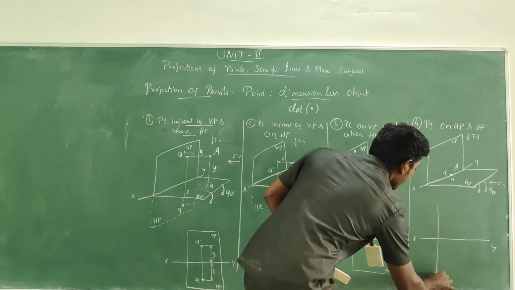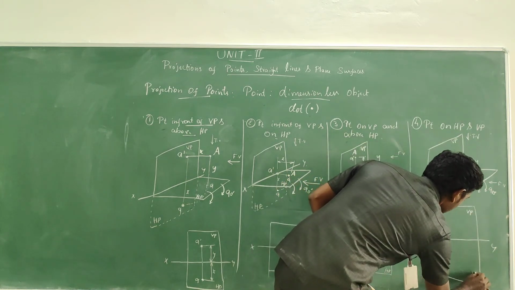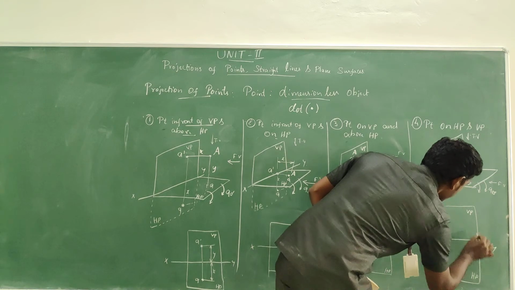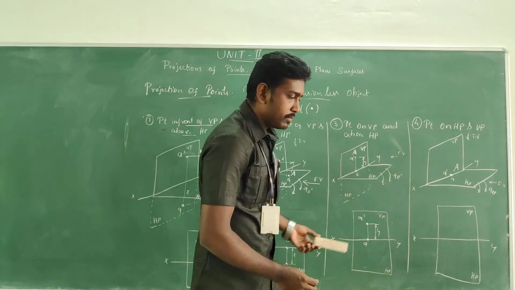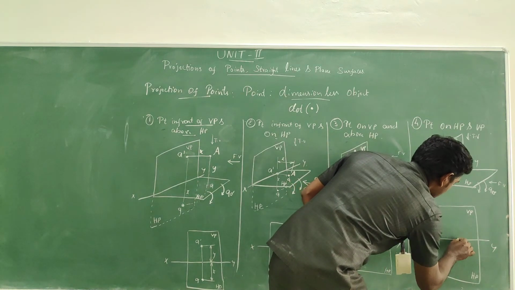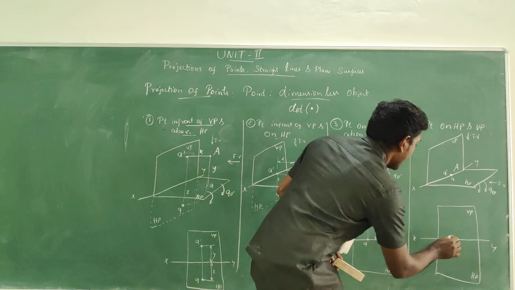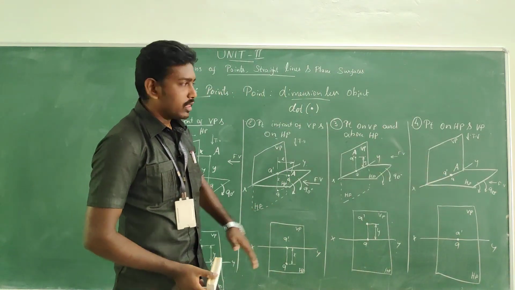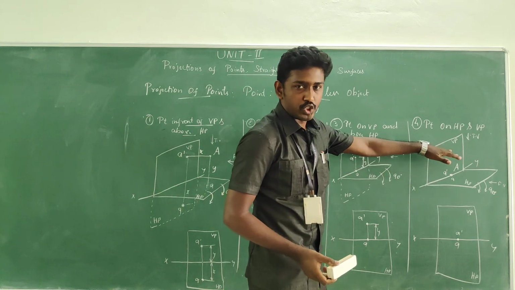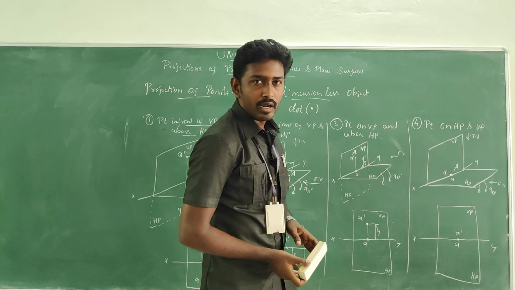Your plane will capture like this, HP, and this is VP. So it is on the HY line, so there won't be any confusion and it won't be challenging for you. Just take a point and mark A dash and A. Okay, this is the projection for this location, point on HP and point on VP.